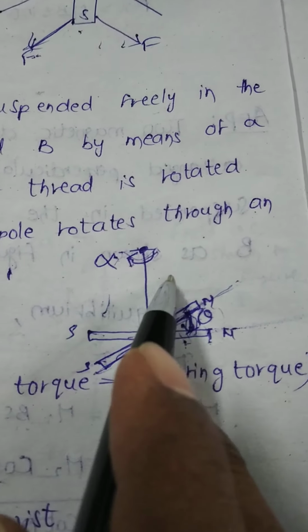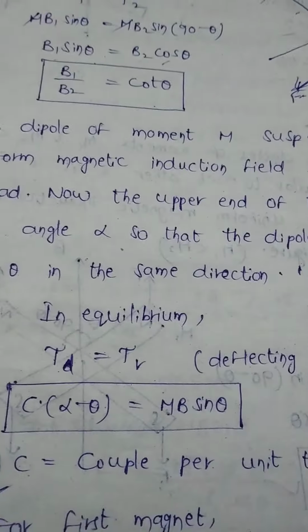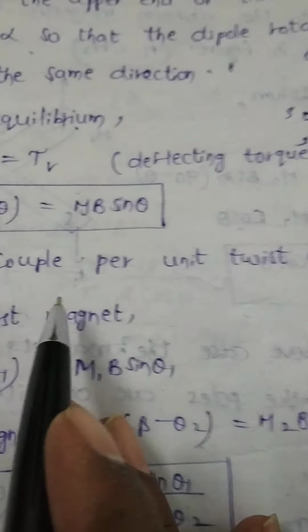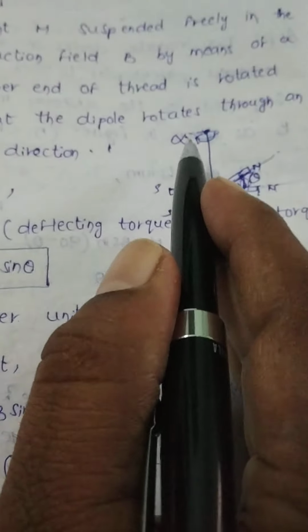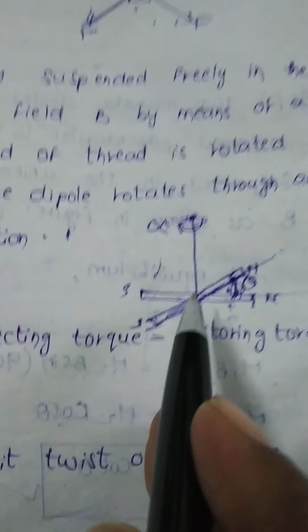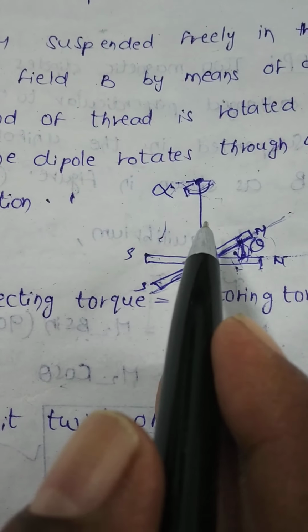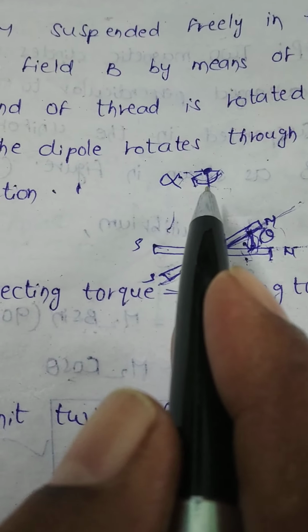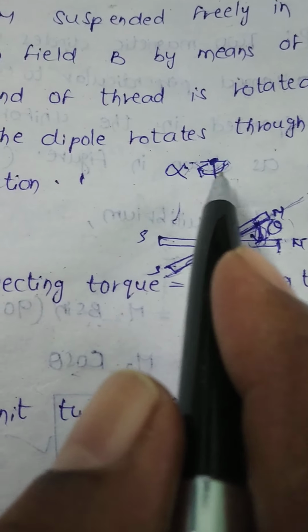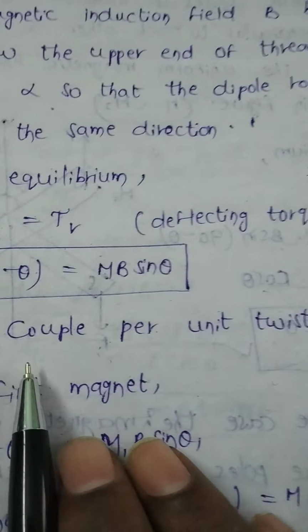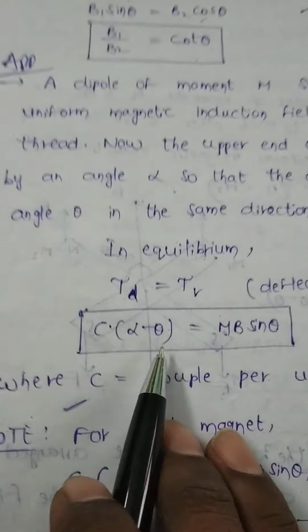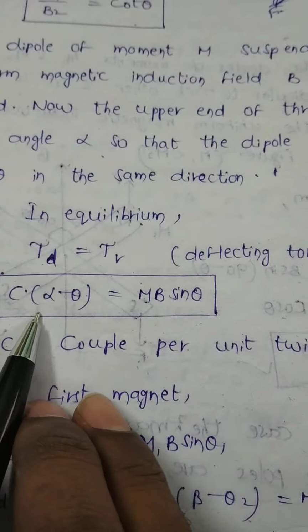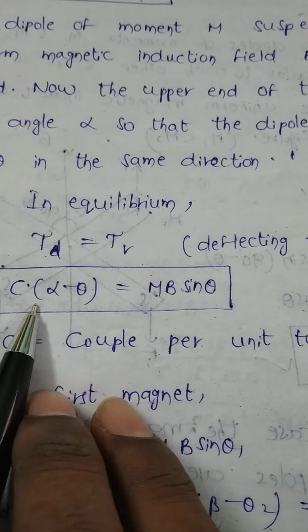Okay? So let C be the couple per unit twist of the wire. Couple per unit twist means if the wire is rotated by a small angle of 1 degree, the torque acting on it is C. And the net angle through which the wire rotates is alpha minus theta.